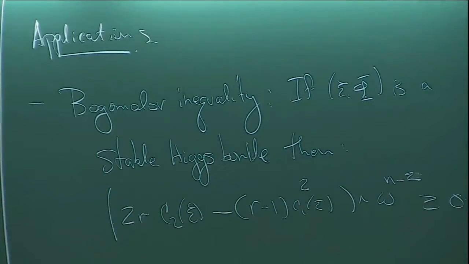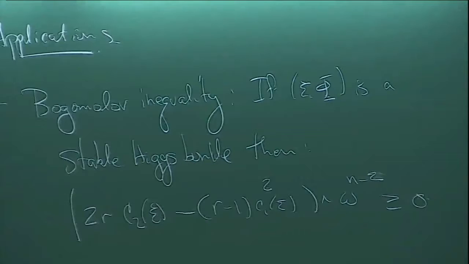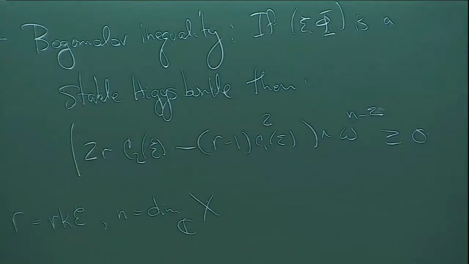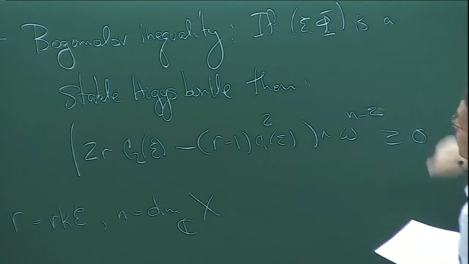So here I realized that I was using the same letter for the dimension of the manifold and the rank of the bundle. And so from now on, r is the rank of the bundle, and n is the dimension. Okay, so this is a topological restriction that comes out of stable Higgs bundles.